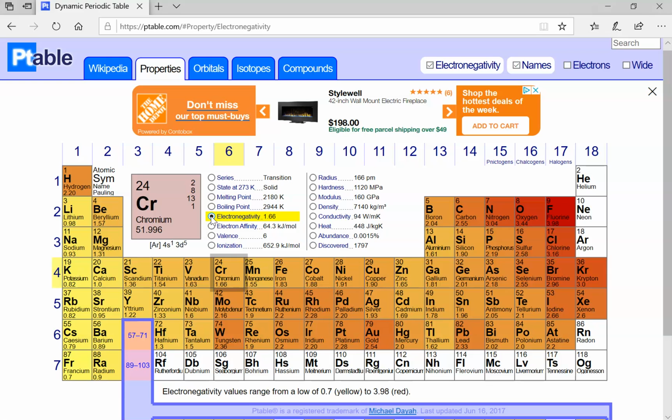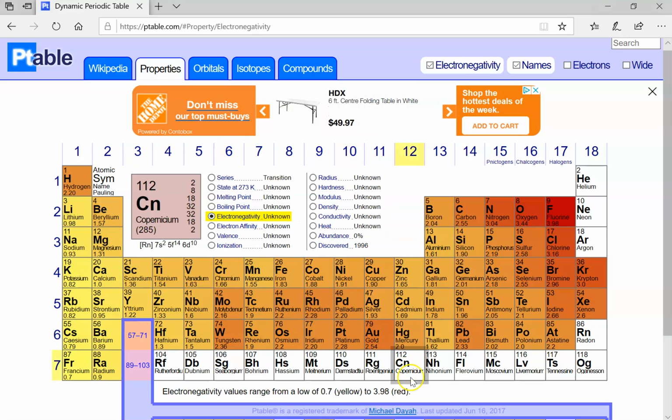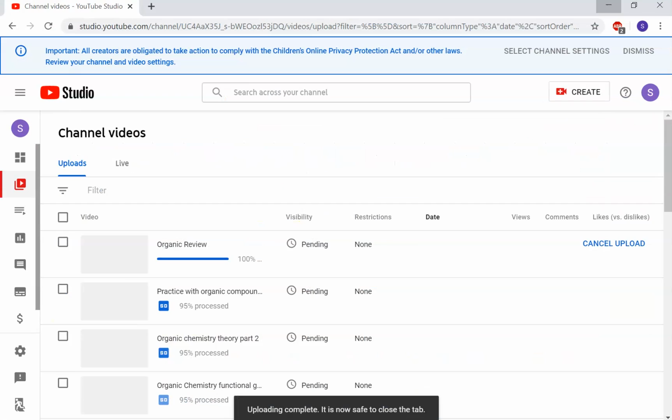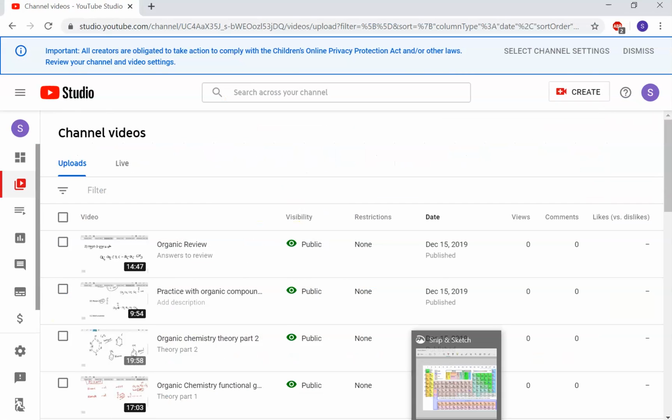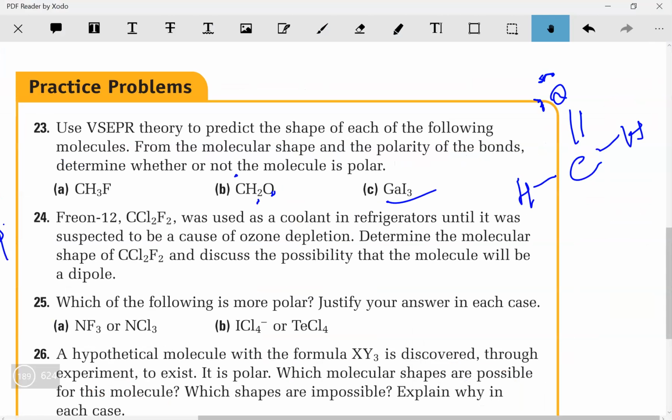Oh, I guess it is polar covalent, not ionic. Fascinating. Would never guess that. Okay. Whoops, wrong one. There we go. Okay, gallium, I.